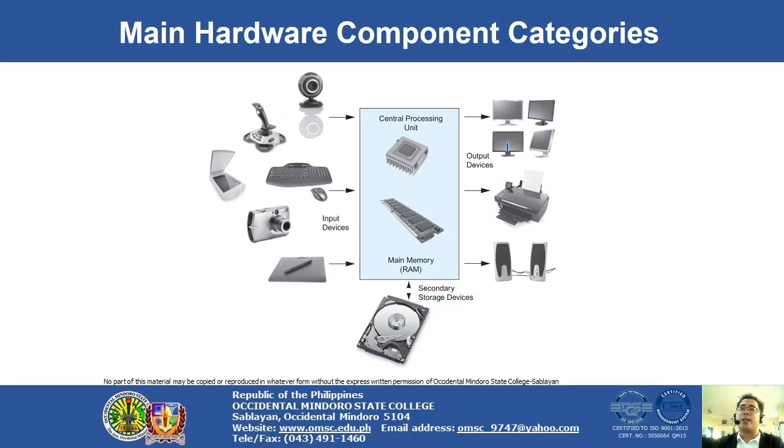And the other one, we have the output devices. It could be the monitor, the printer, and the speaker. So it could be the input, and this would be the process. The process includes the central processing unit, the CPU and the RAM, and also the output. Anything that can produce something is an output, like the speaker, printer, and the monitor.